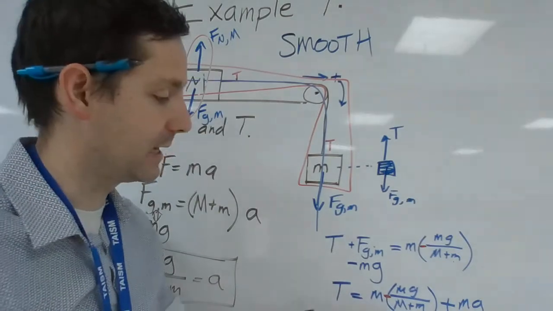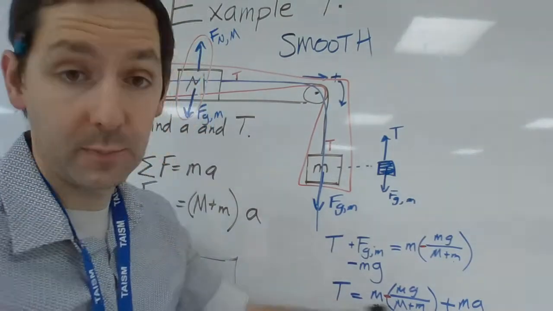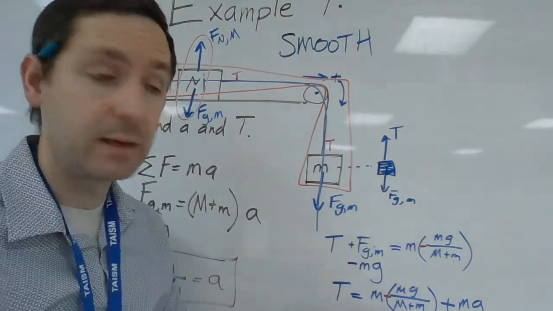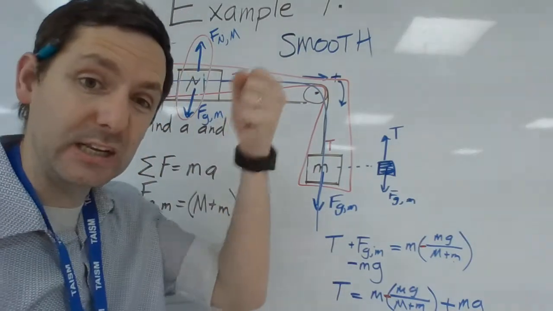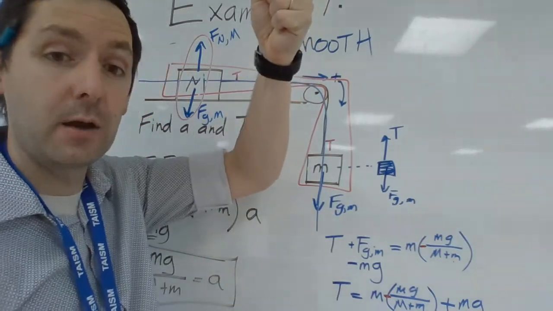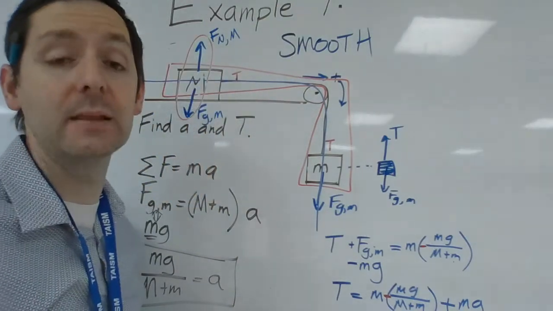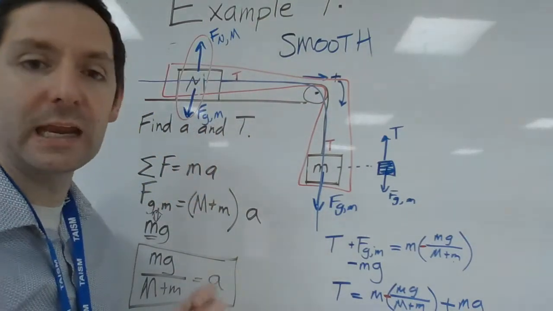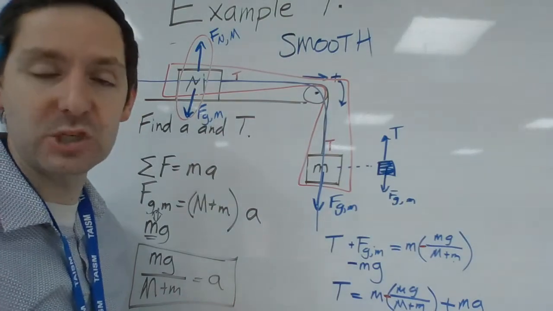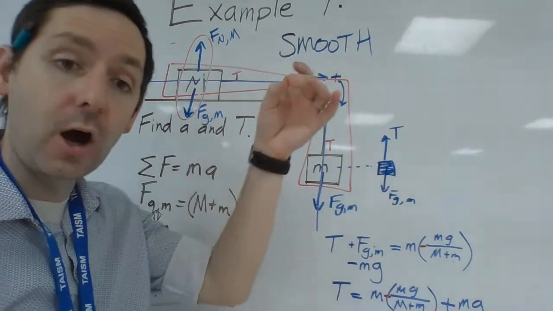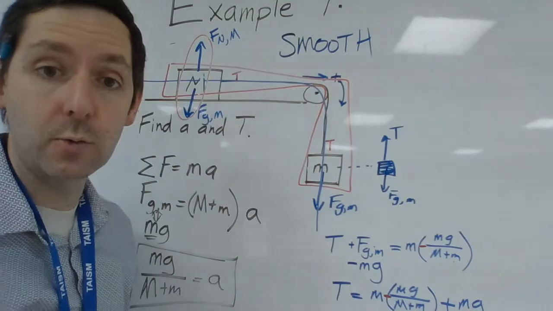And so it should make sense that you're going to have one number positive and one number negative because the tension needs to be less. The tension needs to be greater if you're holding it up, but if I start lowering it down at an acceleration, the tension can be less because there's less strain. That's what tension is. There's less strain or less force on that string if I'm accelerating downwards, right?